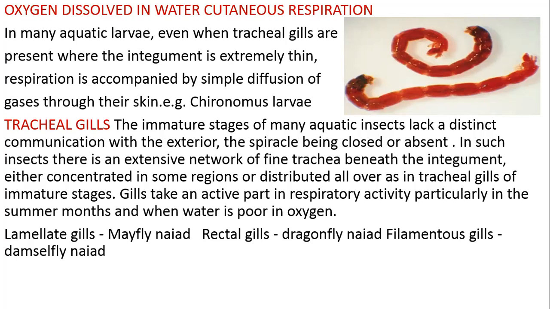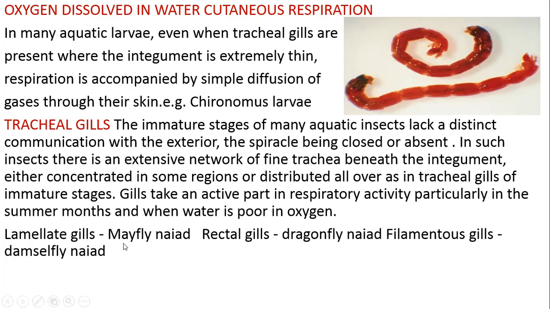In such insects, there is an extensive network of fine trachea beneath the integument, either concentrated in some regions or distributed all over, as in tracheal gills of immature stages. Gills take an active part in respiratory activity, particularly in the summer months and when water is poor in oxygen.